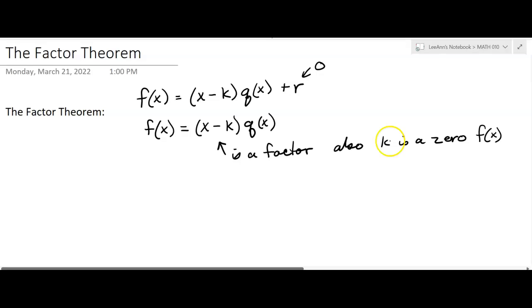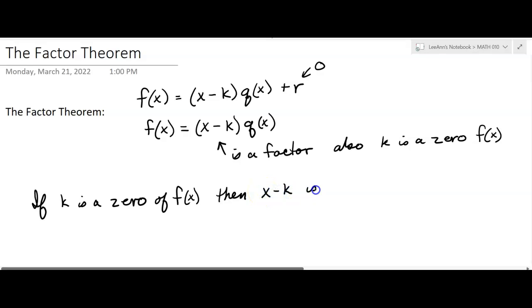Okay, so we get this theorem that says if k is a 0 of f of x, then x minus k is a factor of f of x.